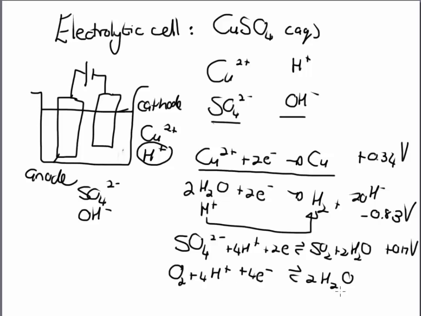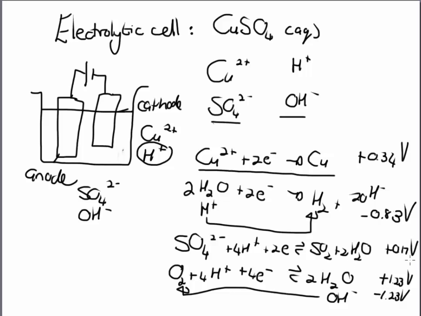So as we can see here on the right hand side, we have our OH- becoming O2. Now if we have to choose between these two, I'm also going to add in the value for this half reaction, plus 1.23 volt. Remember that if we read this reaction from the right hand side, this plus 1.23 now becomes negative 1.23 volt.